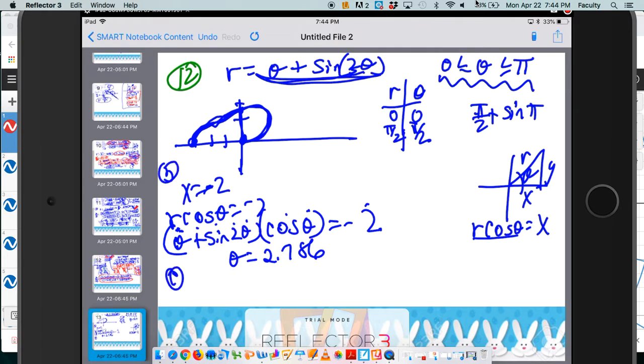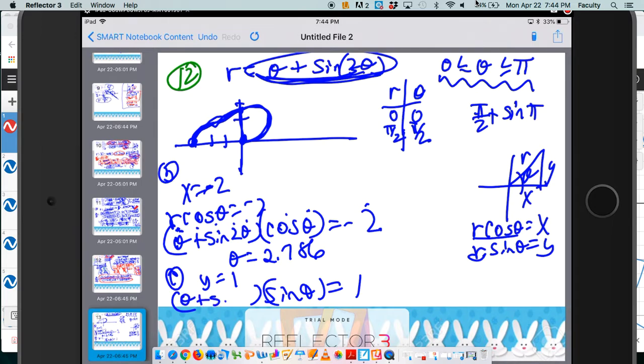You want to know where y equals 1. We knew that y is r sine theta, so r sine theta equals 1, and r was theta plus sine 2 theta.